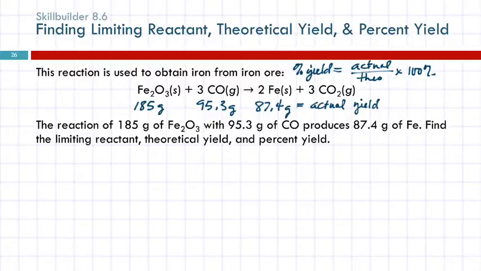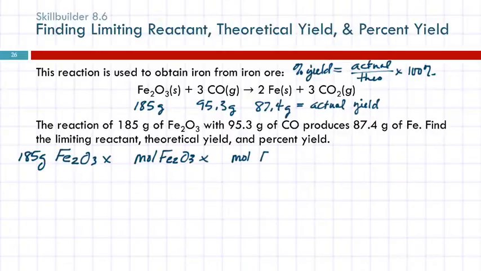Okay, again with the two calculations. 185 grams of Fe2O3, and I need to go to moles. Moles of Fe2O3, and then moles of product, which this time is iron, and then grams of iron.